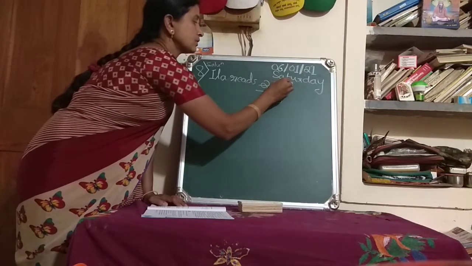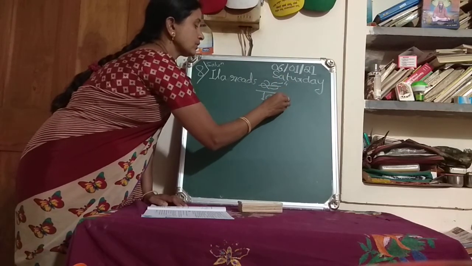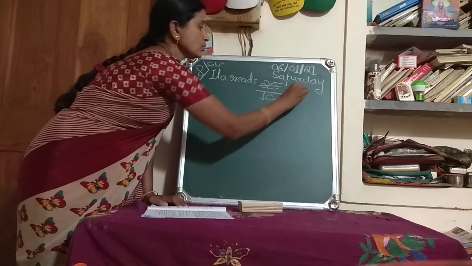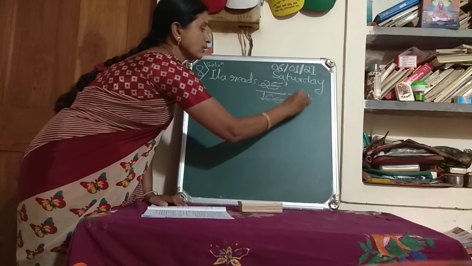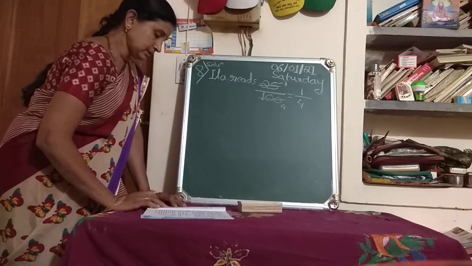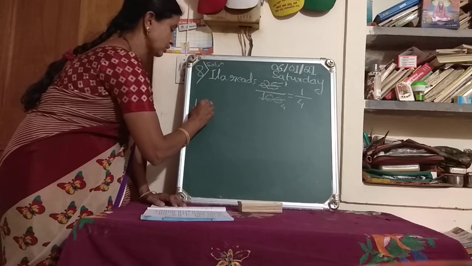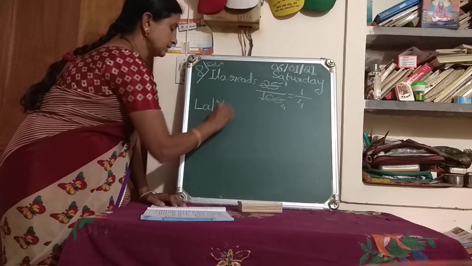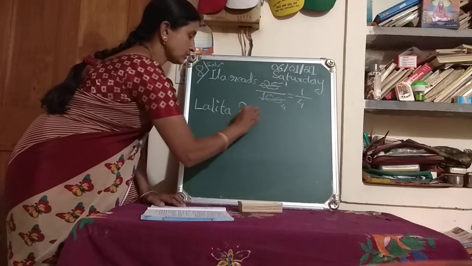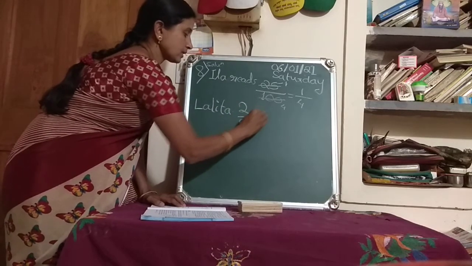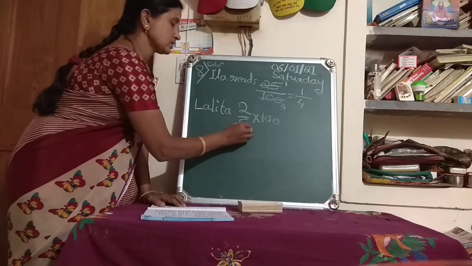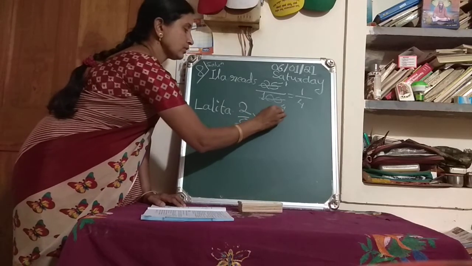Let me make it a smaller fraction. 25 ones are 25, 25 fours are 100, which gives 1/4. So we have to minimize the given fraction. Now Lalita reads 2/5 of the same book of 100 pages. 5 ones are 5, 5 twos are 10, 5 zeros are 0.